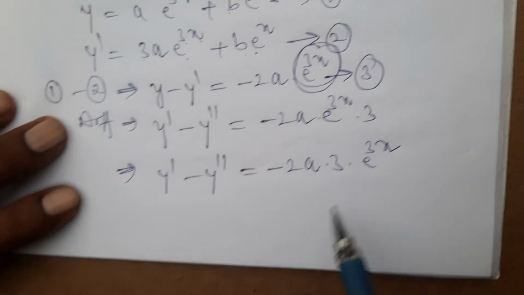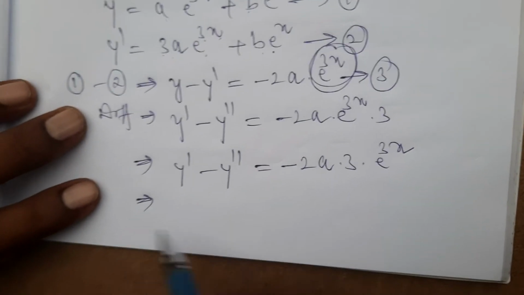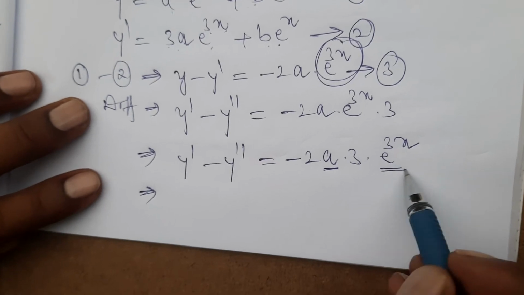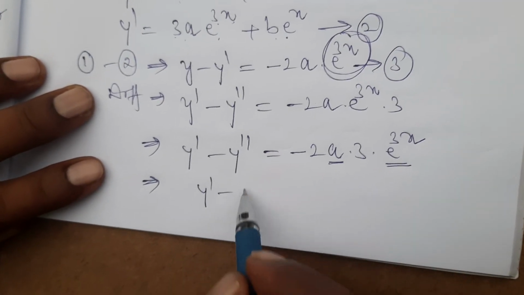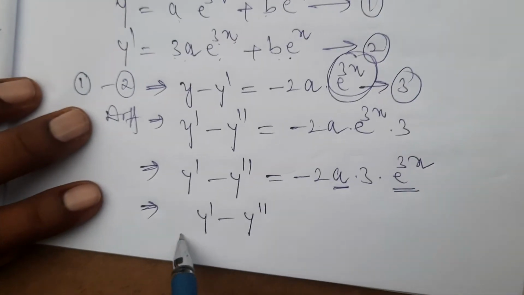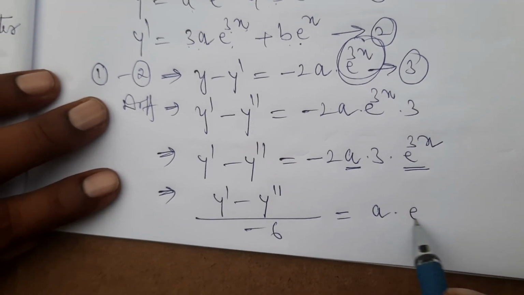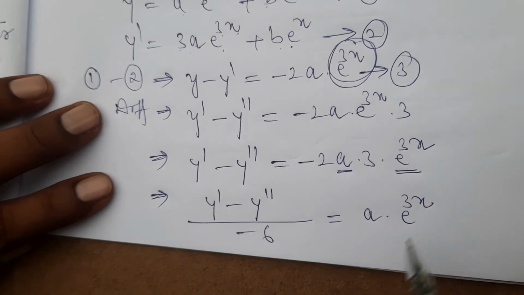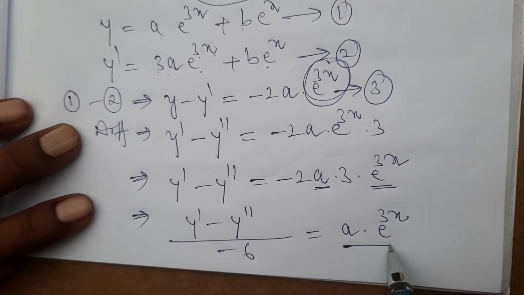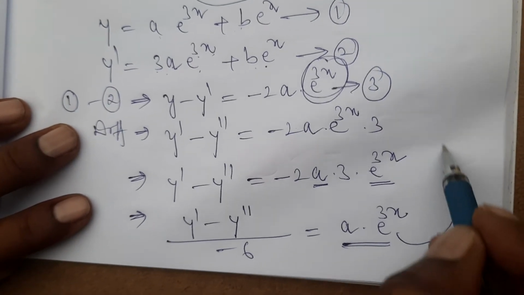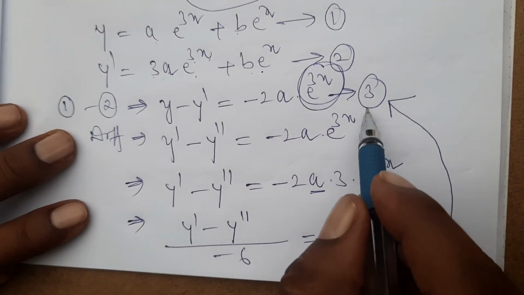Now what is the value of a into e power 3x? (y dash minus y double dash) by minus 6 equals a into e power 3x. Now you can replace the a e power 3x value in this third equation.